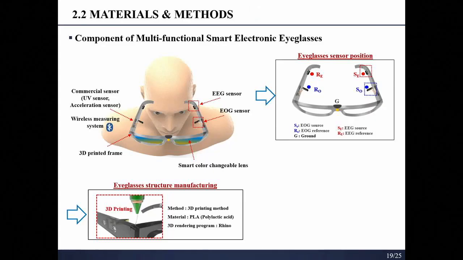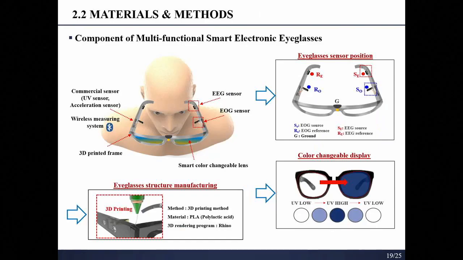Biosignal measurement sensors are attached at five different places to measure the EEG and EOG signals. The sensing material is similar to the previously reported one: carbon nanotube-based elastomers.